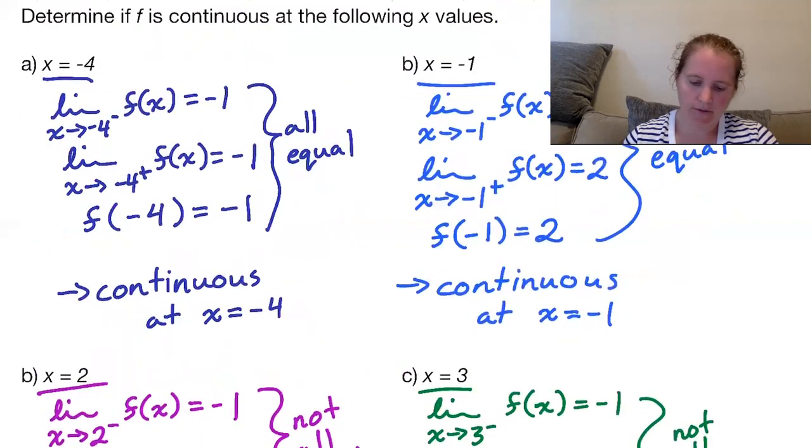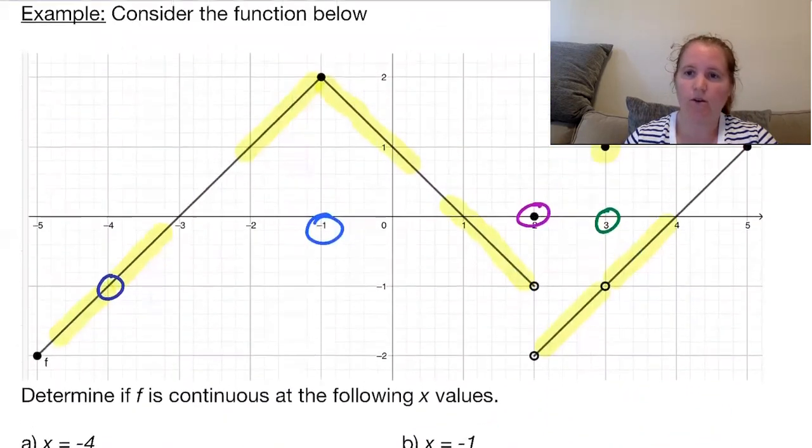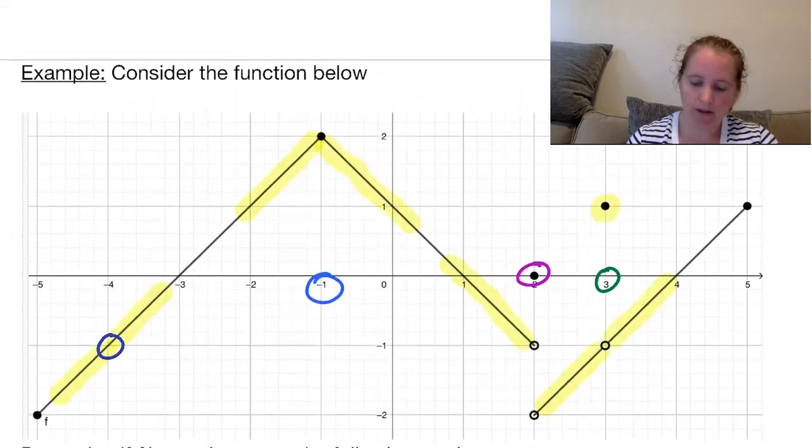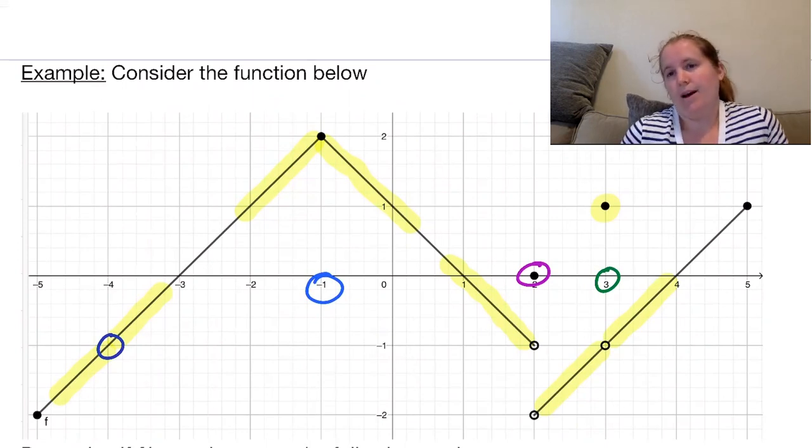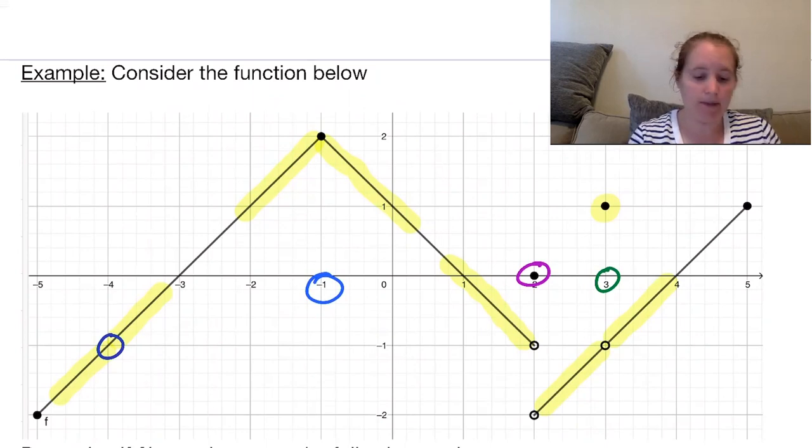So instead of having a hole and then having a point up above, if we simply had no point at x equals 3, then we would also say that the function is not continuous, because it's impossible for the limit to equal the function value if the function itself is not defined. So that is the basics for determining if a function is continuous at a point.